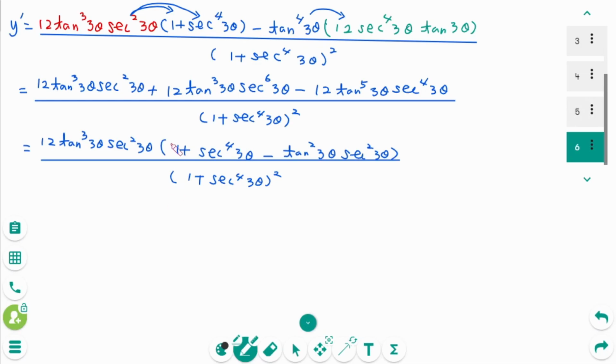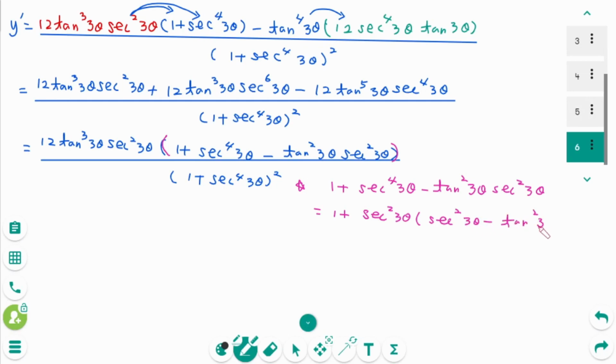Now think about the inside of the bracket part. So 1 plus secant to the power of 4 of 3 theta minus tangent squared 3 theta secant squared 3 theta equals 1 plus, take out the common factor, which is secant squared 3 theta times (secant squared 3 theta minus tangent squared 3 theta), equals 1 plus secant squared 3 theta times this one, which equals 1.